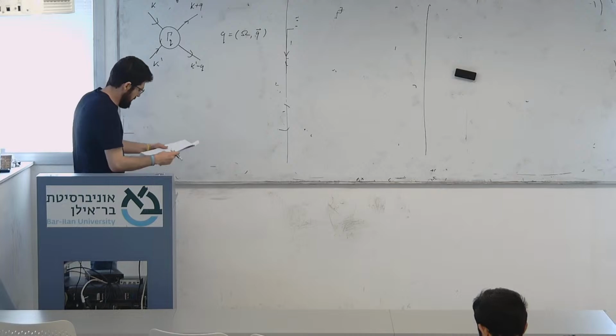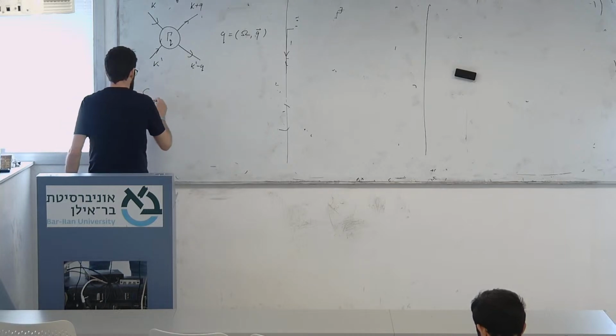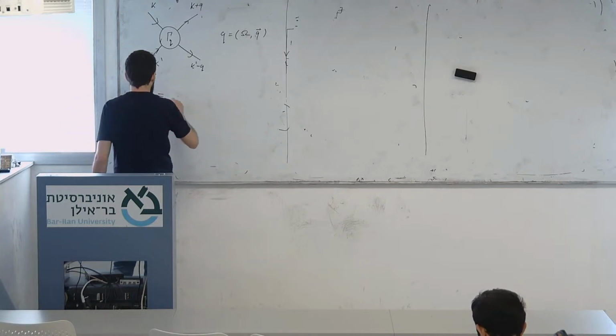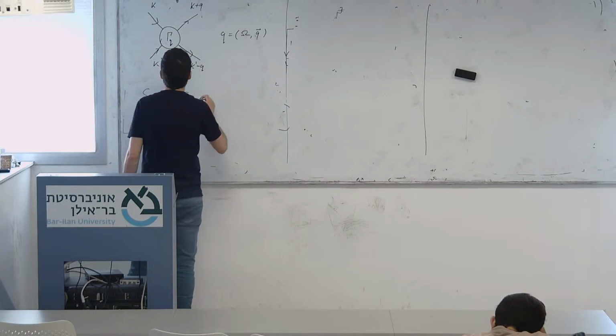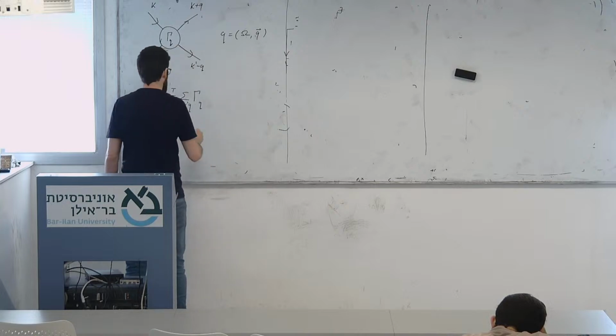So we need to write this in an action formalism. So in an action formalism, this would mean that the S interaction is something like T over L cubed, sum over K, K prime and Q. And then we have this gamma of Q, this vertex.